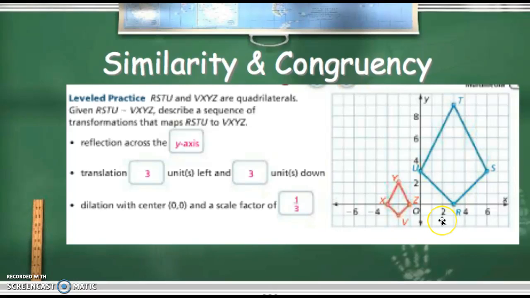And the first thing we can see is that it's a reflection across the y-axis, and it's a translation 3 units to the left and 3 units down from the original point.